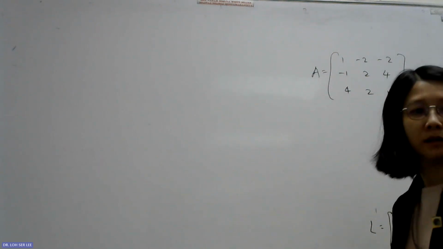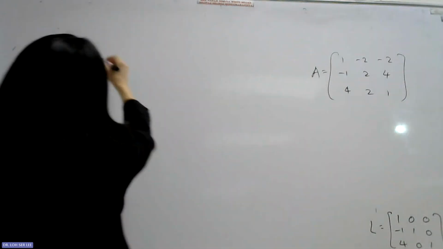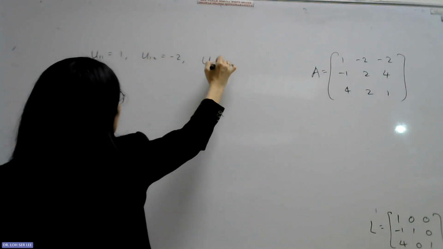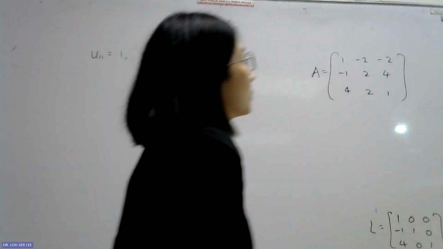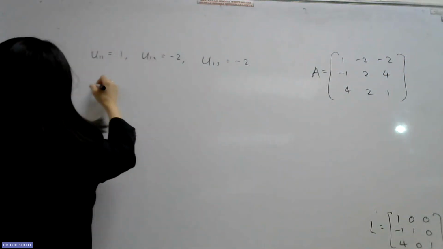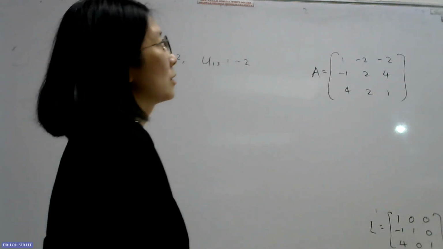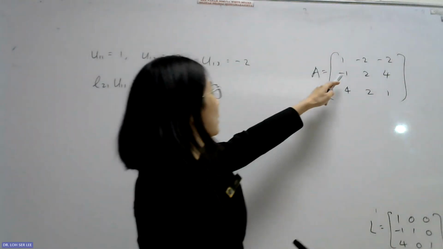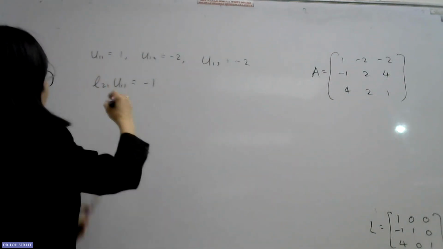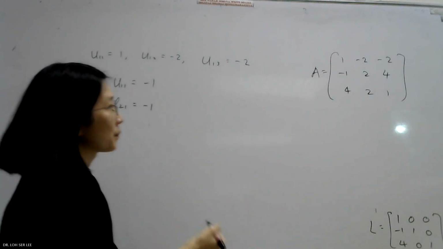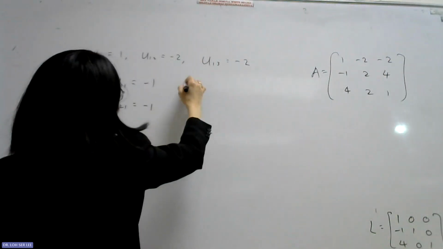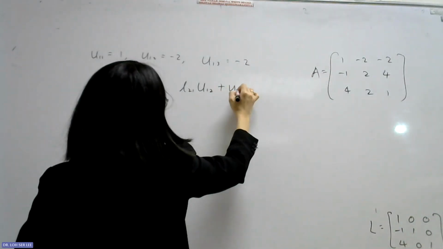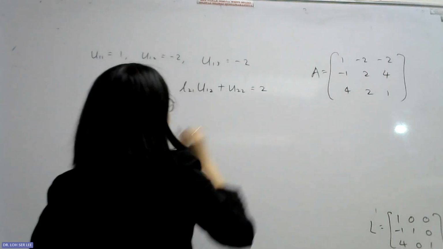Then we try this. Your U11 is 1. U12 is -2. U13 is -2. Next one, L21 U11 is -1. Your U11 is 1, so L21 is -1. Next, L21 U12 plus U22 equals 2.